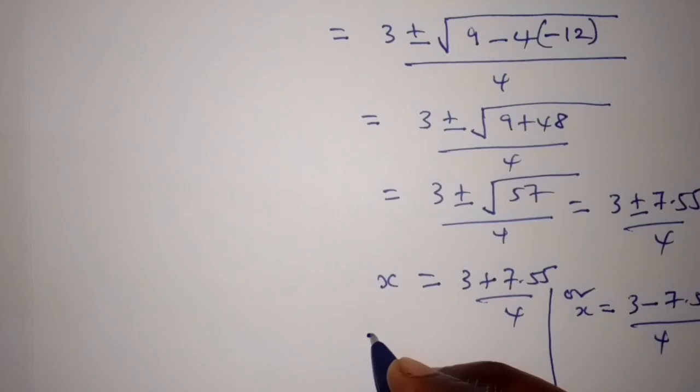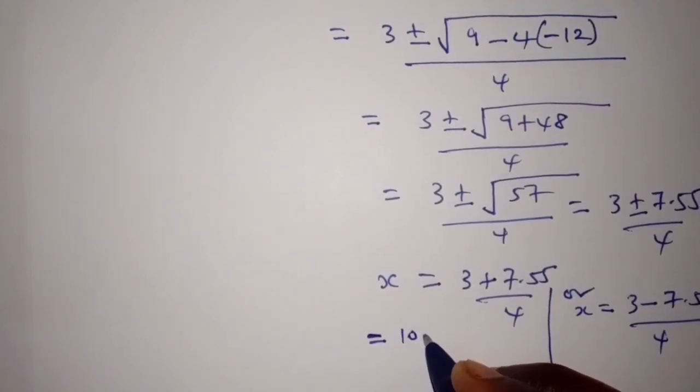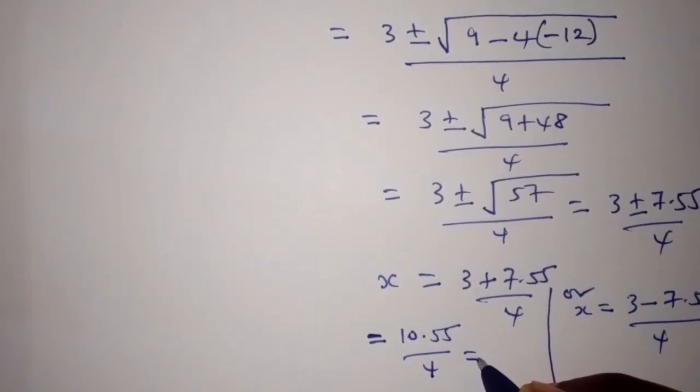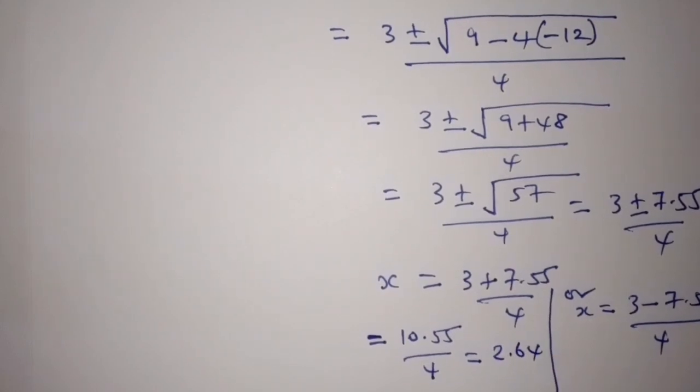So here this is giving us 10.55 over 4, which is giving us 2.64.